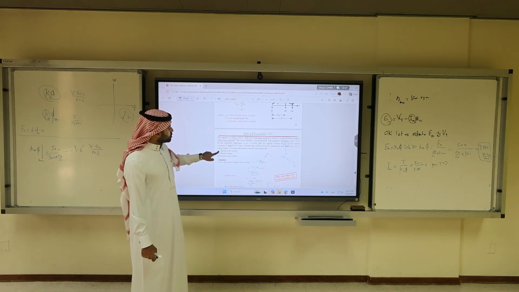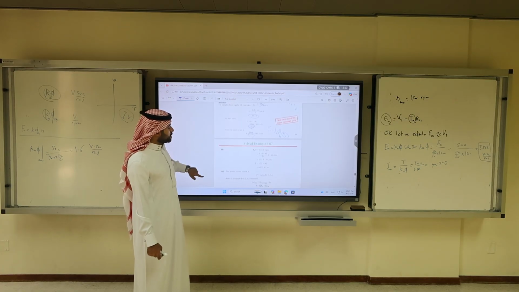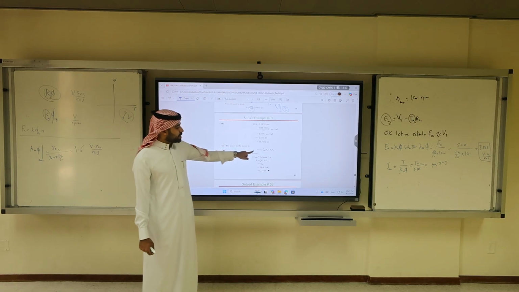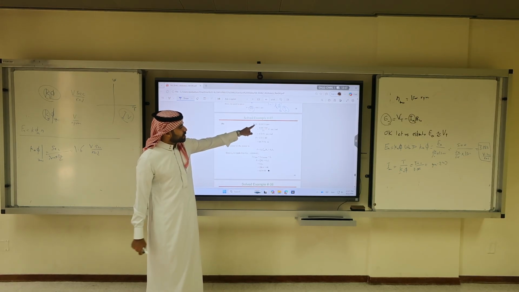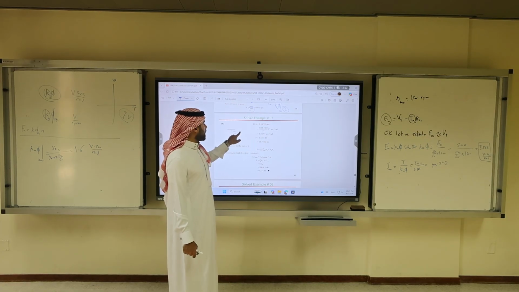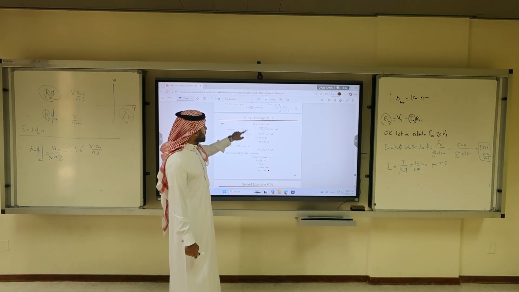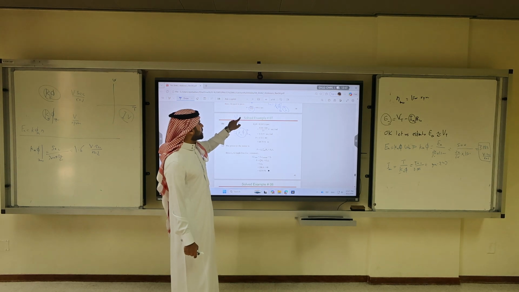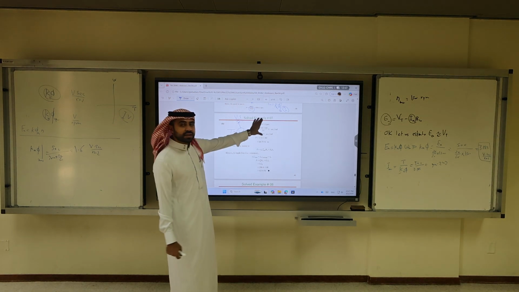Part 2 is to find the motor torque. To find the torque, he's getting the constant in V per RPM and converting it to radians per second, and using the equation T equals Ka times Ia. This has to be in volt-seconds over radian, so that's why he did the conversion.